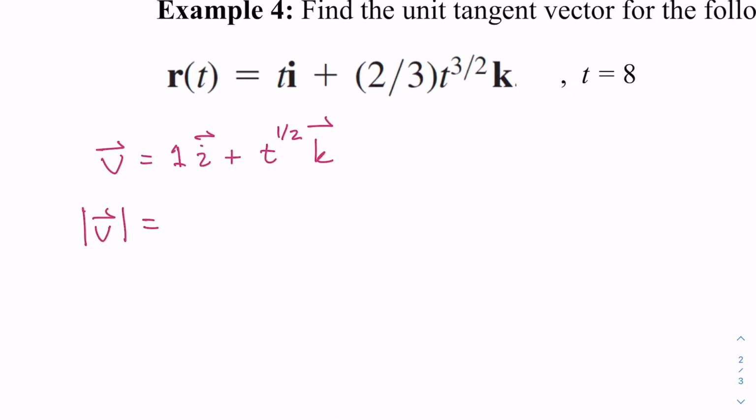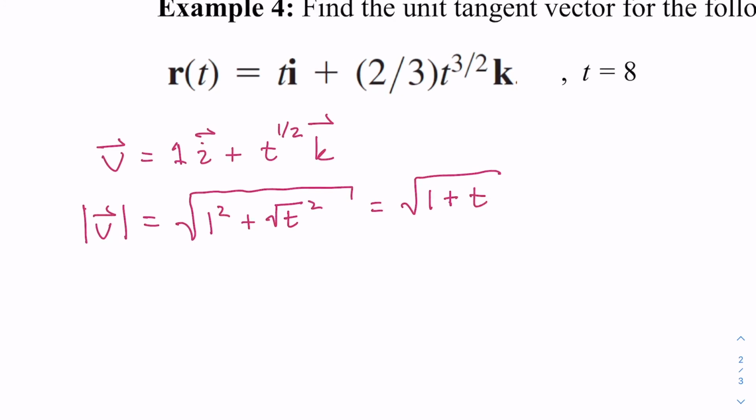So that'll be the square root of 1 squared plus square root of t squared. Oh wait, no, t is not 1. So that becomes 1 plus t. There we go. t is not a number. I got confused for a second.